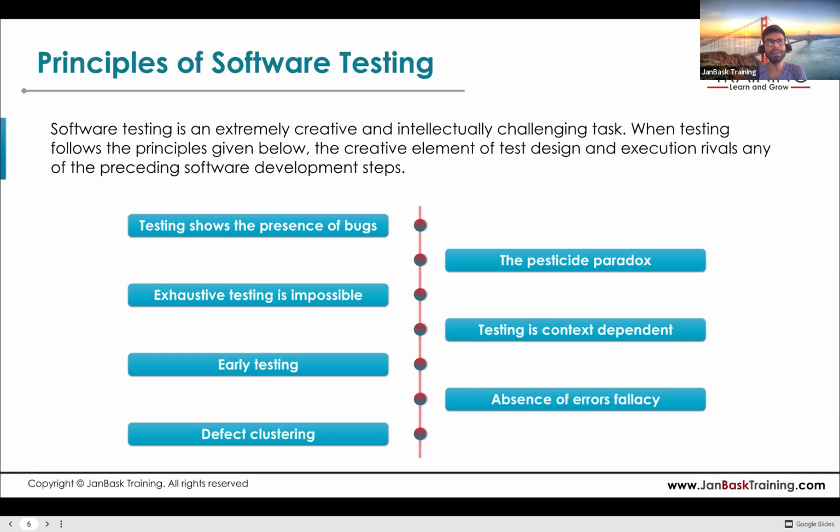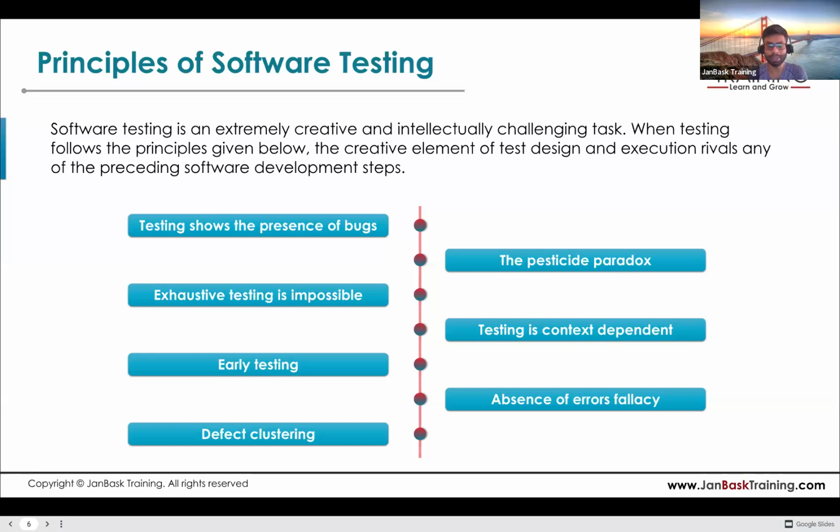So you need to understand which module is more complex, which modules are interacting with different modules, and which modules are integrated with each other. Accordingly, you need to strategize your testing so that if a module is more complicated, you test that module more exhaustively, right?